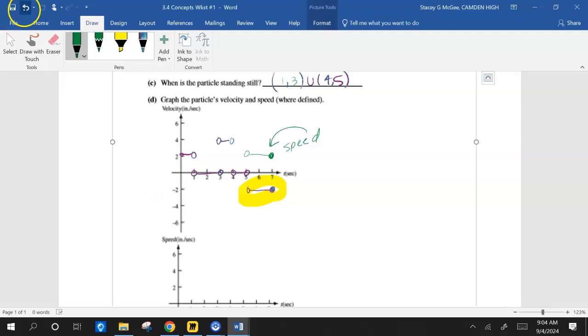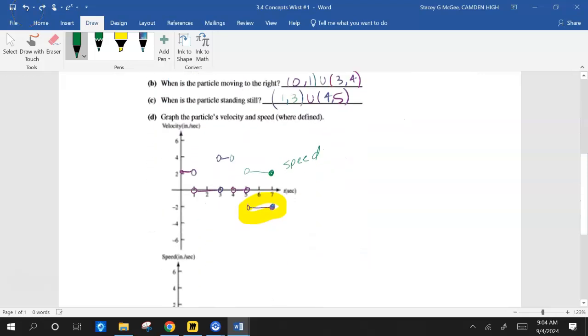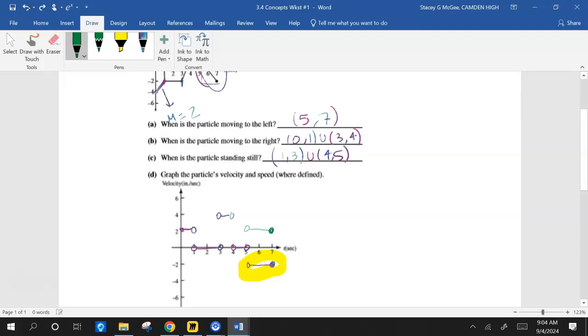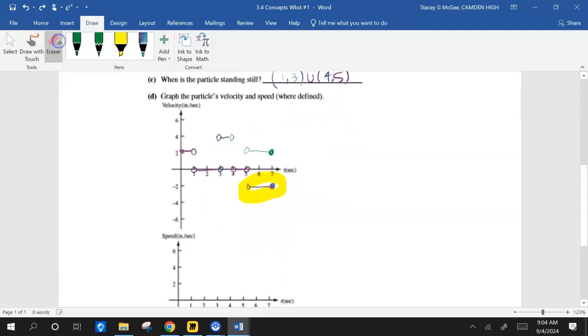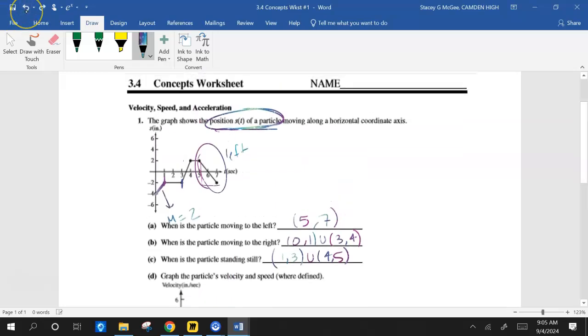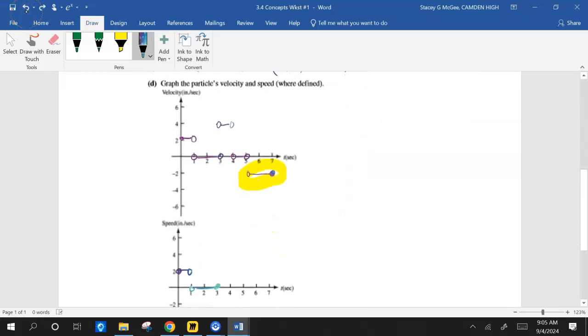Oh my goodness, y'all. And then when the particle is moving from 3 to 4, that was the velocity, the highest. What is this, from 3 to 4?